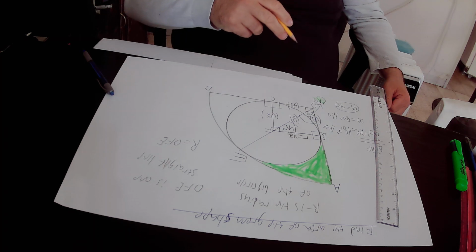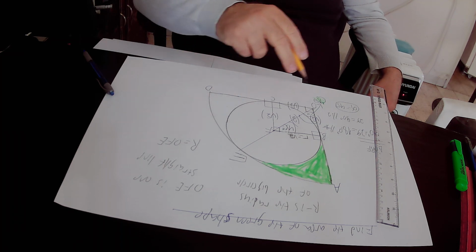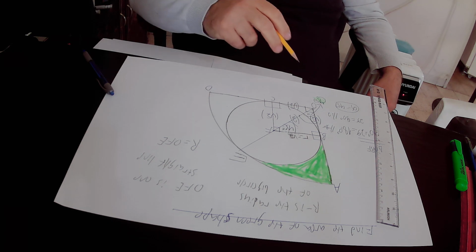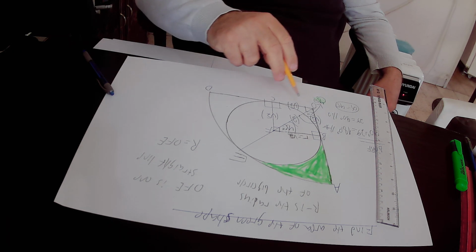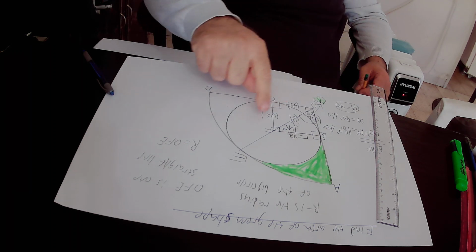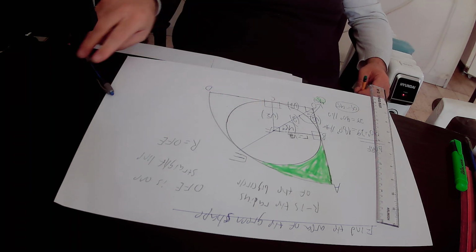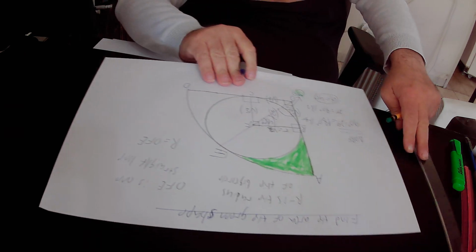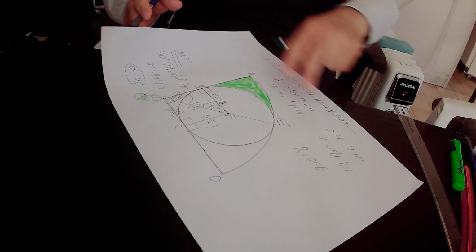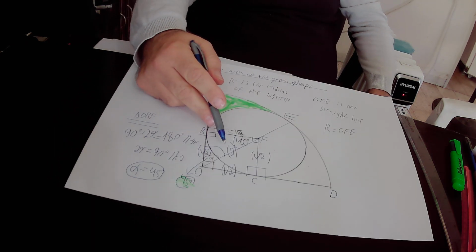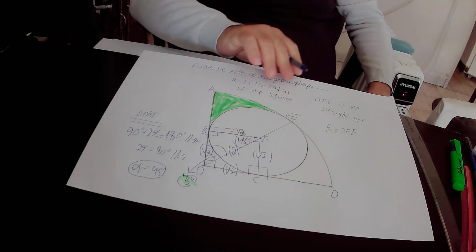What is the length of the radius of the big circle, capital R? The length is OFE. And we know that OFE is one straight line, and therefore the length of OFE must be equal to OF plus FE.